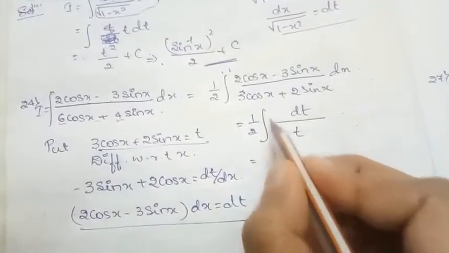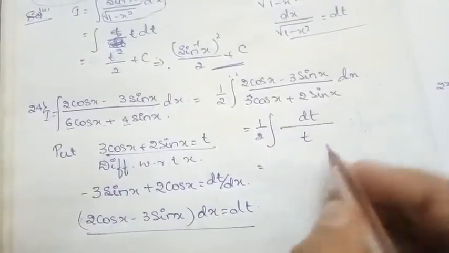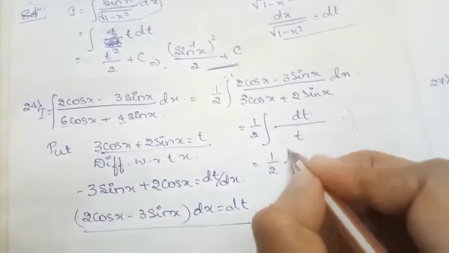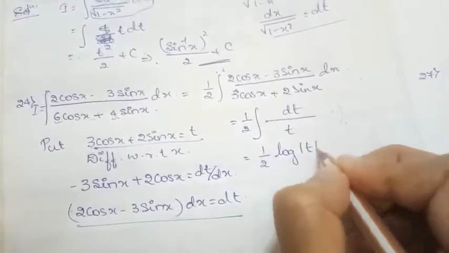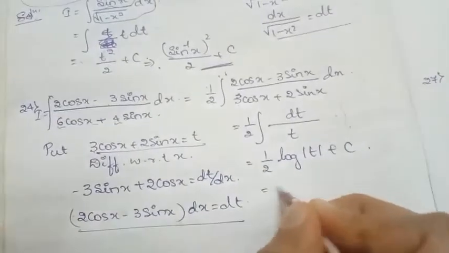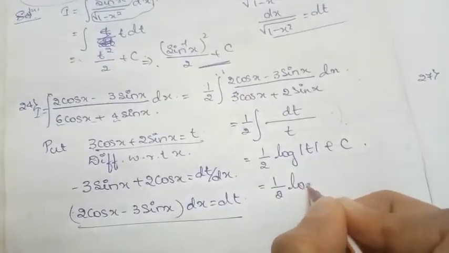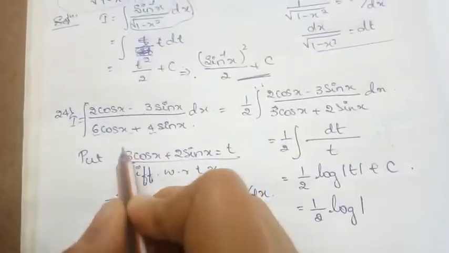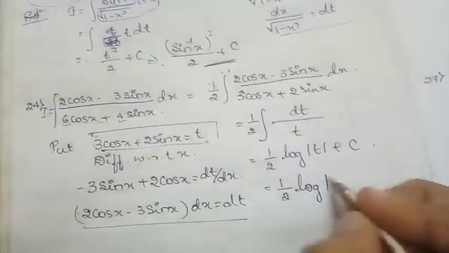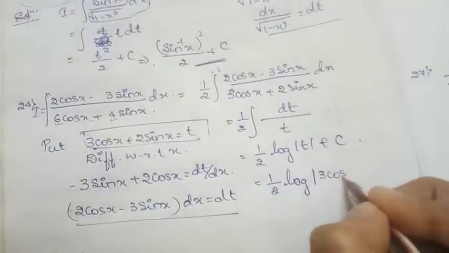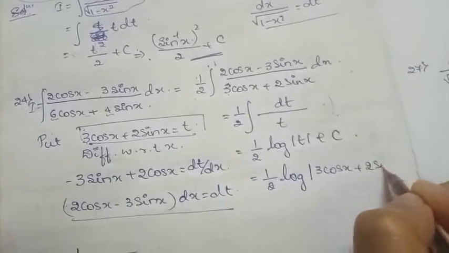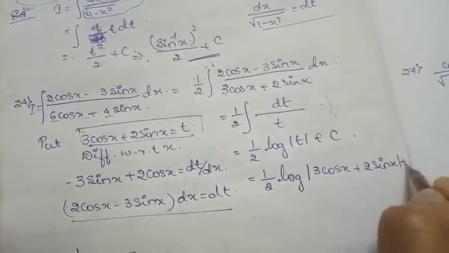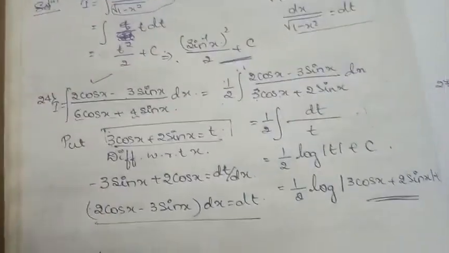Now we know clearly the integral of dt by t is log of mod t plus c, so we get 1 by 2 log of mod t plus c. Now resubstituting back the value of t, which is 3 cos x plus 2 sin x, it becomes 1 by 2 log of mod 3 cos x plus 2 sin x plus c. So this is the integral of the given question.